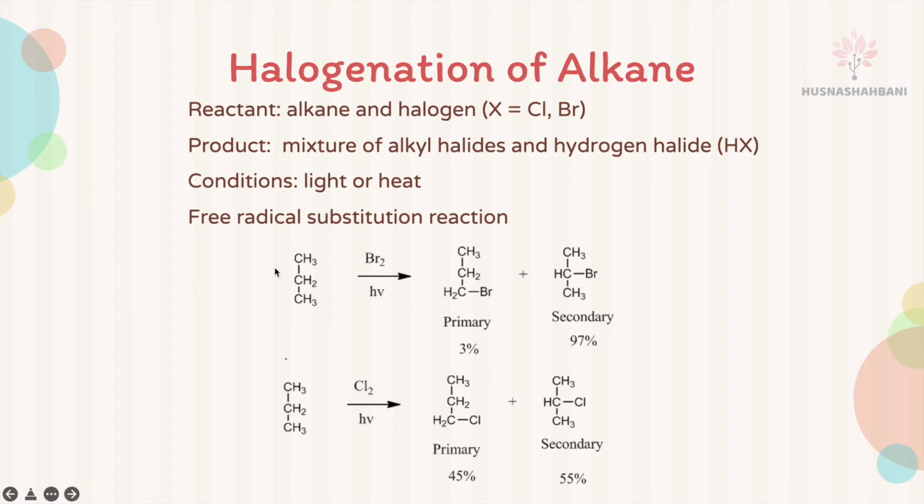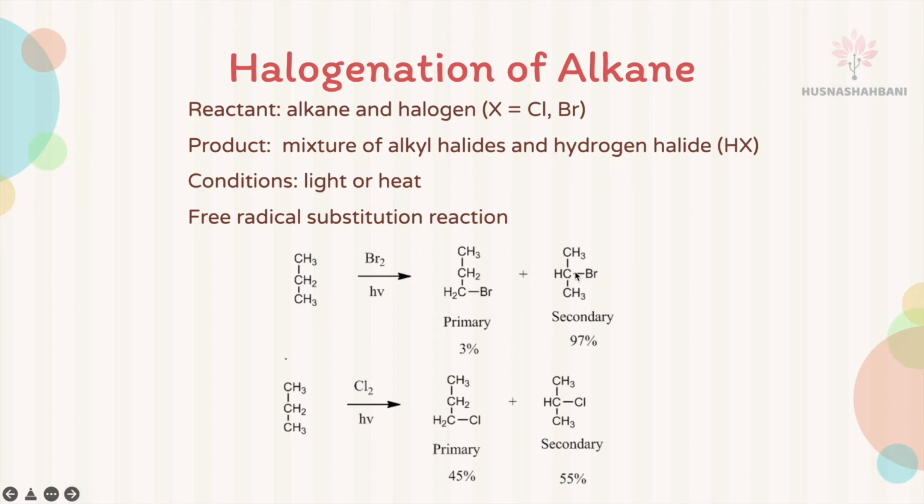This is propane. Propane reacts with bromine in the presence of light to form alkyl halides. One Br atom from the bromine molecule replaces one hydrogen in propane to produce an alkyl halide, and the bromine atom can also replace a hydrogen at the second carbon in propane.